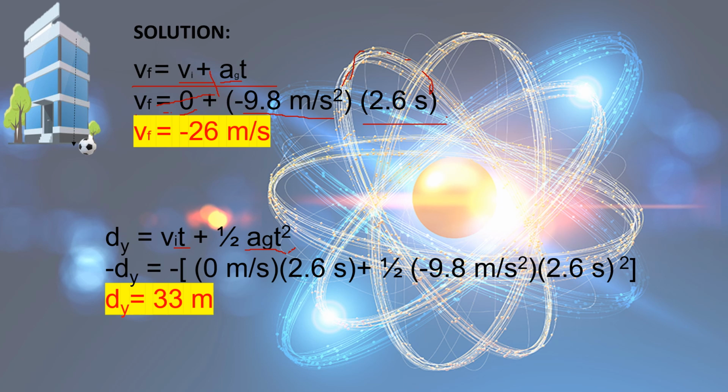Next is, our initial velocity is 0 times the time is 2.6 seconds. So, isa-substitute lang natin yung mga given. Plus 1/2 times the acceleration due to gravity, which is negative 9.8 meter per second squared. And the time is 2.6 seconds, then squared. Next is, 0 times 2.6 is 0. So, wala na to. Cancel out na.